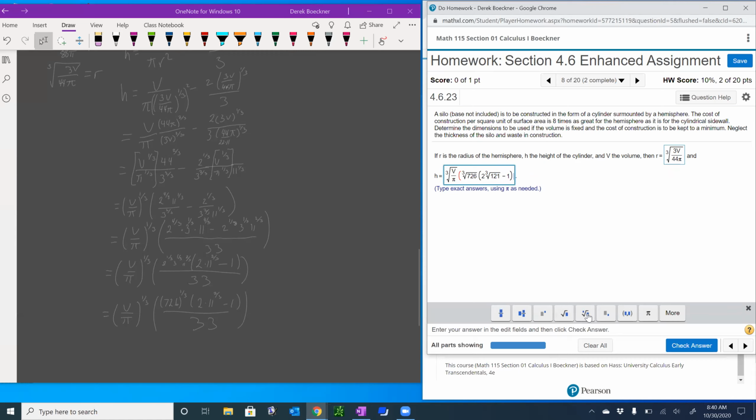Minus 1. That parenthesis closes, that closes, over 33.